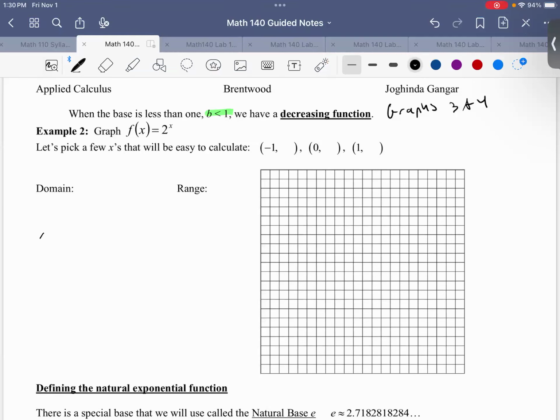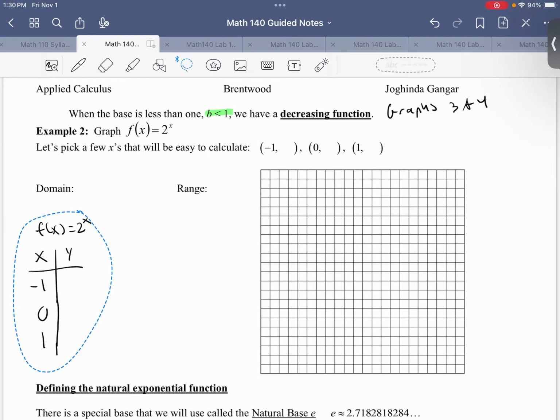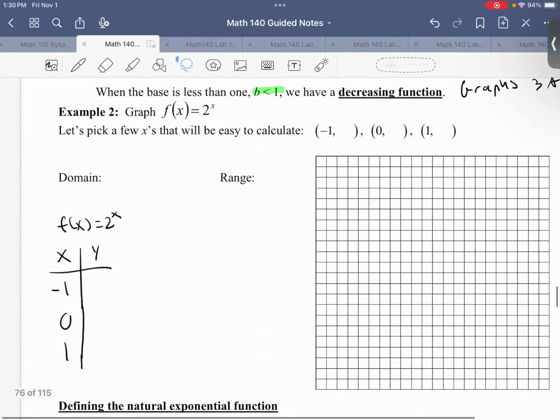So here I have a little table, x, y. I'm picking easy x values, -1, 0, and 1. And my function is f of x equals 2 to the x. Let me move this down a little bit. Okay, so I'm going to plug in -1.